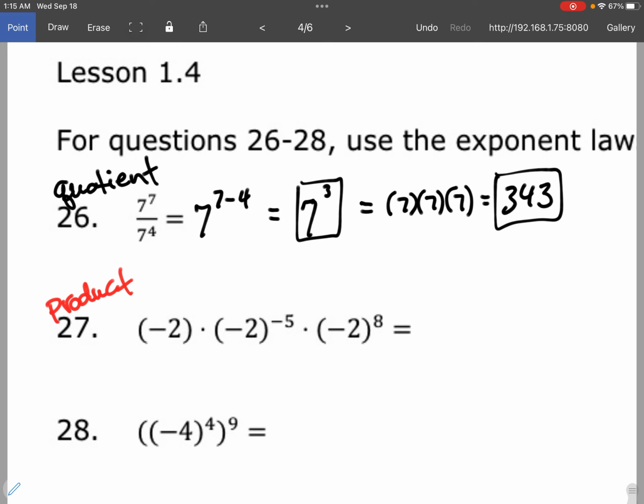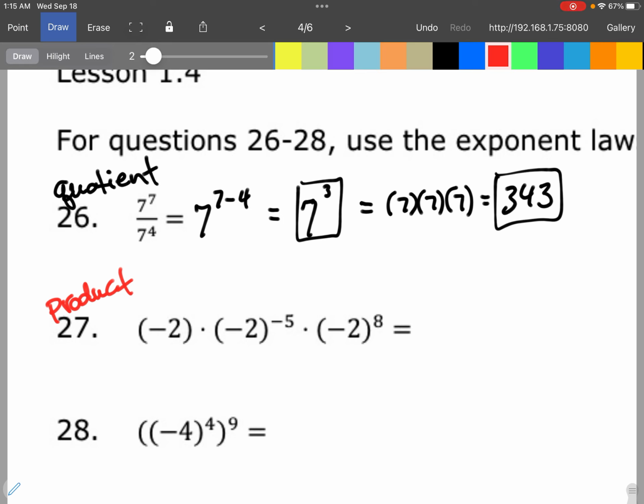So if we have 3 bases, technically we should have 3 exponents. Everybody go ahead and add that invisible 1 right there. All right. So I got all my bases the same, which is -2. Now in my calculator, what I'm going to type in is 1 plus, ooh, not 5.